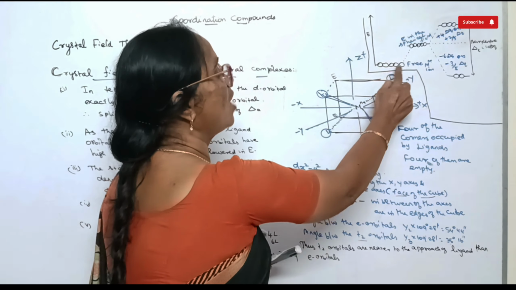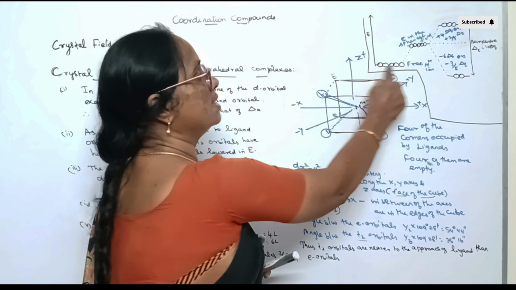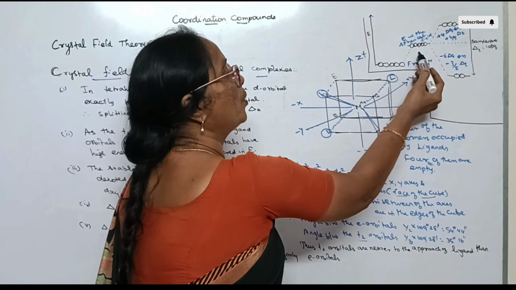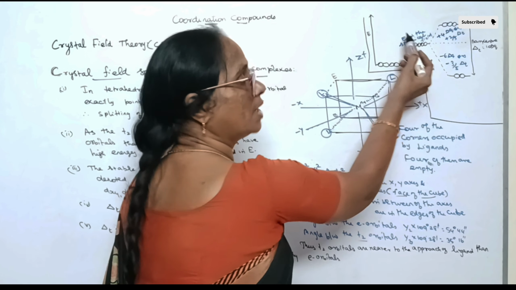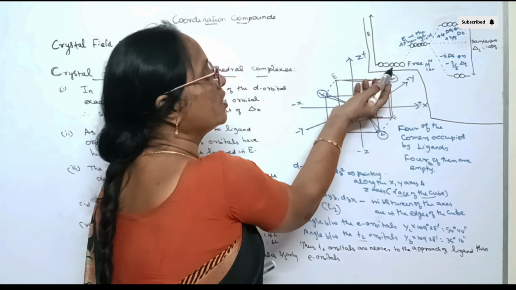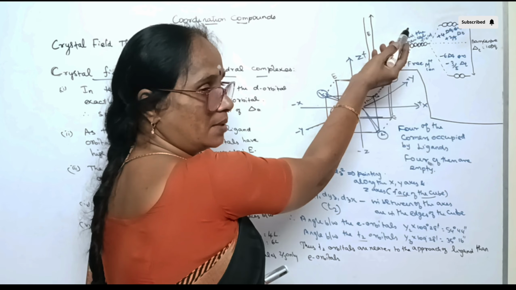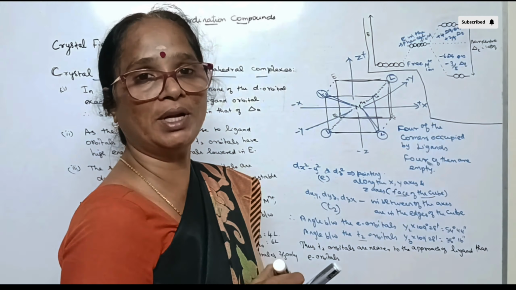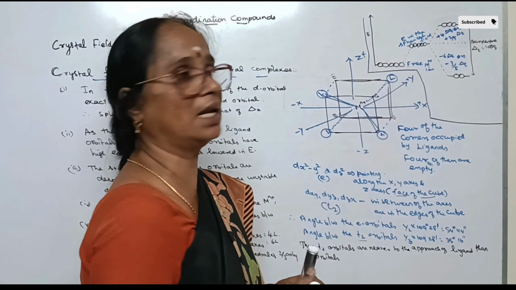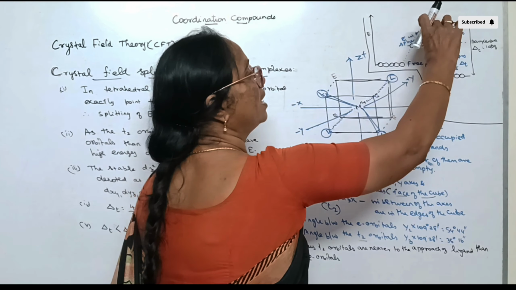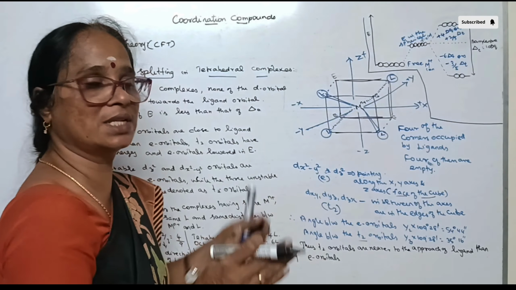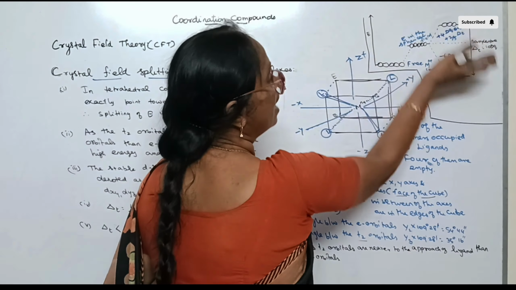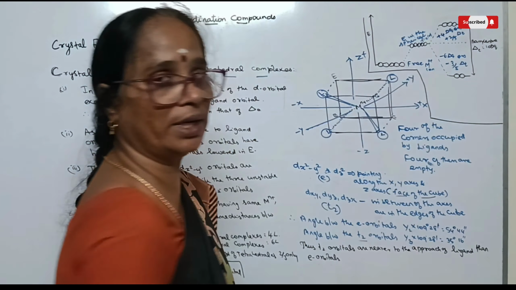So these 5 orbitals of degeneracy are found in the metal free ion. In the approach of the spherical field of the ligand, the energy of the free ion gets raised, and when there is interaction between the ligand orbital electron and the metal electron, the d orbital splits into two sets where the T2 orbital is raised and the E orbital is lowered.